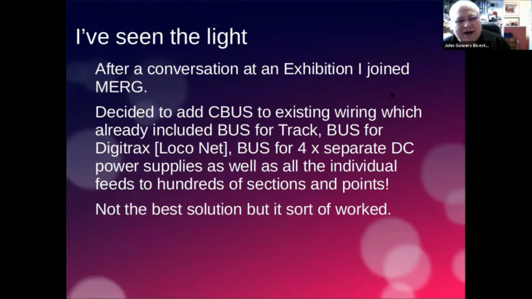So now, just to make matters even worse, I had buses for track, buses for the Digitrax LocoNet, buses for 4 separate DC power supplies, as well as all the individual feeds to all the points. As I say here, it wasn't the best solution, although it sort of worked.